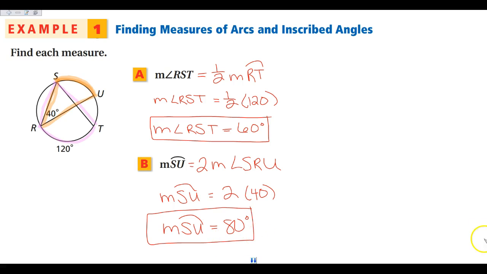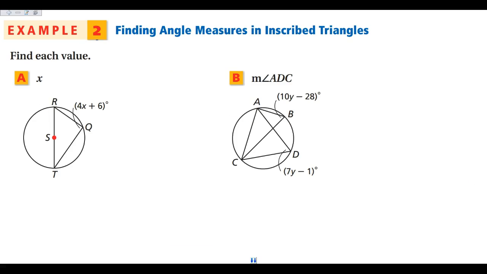Okay, let's take a look at some more examples. All right, I want to find the value of x here. Well, notice that my angle right here is RQT, and I am intercepting arc RT here. What do you notice about this arc?